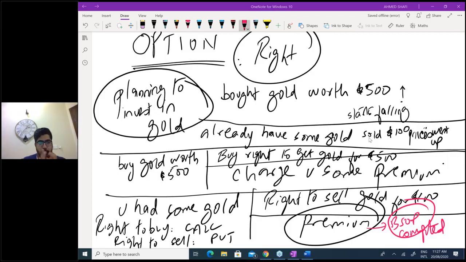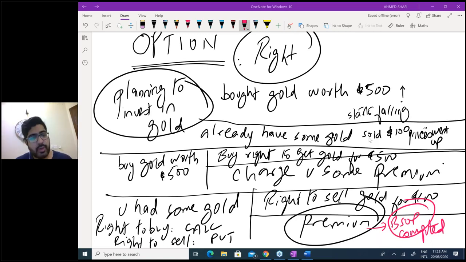You can't rote learn when we exercise or leave, when prices fall or when prices rise. You have to think carefully. Let's suppose you took a right to buy gold for $100 and the prices became $150. How will you earn gain? You had the right to take it for $100 and it became 150.